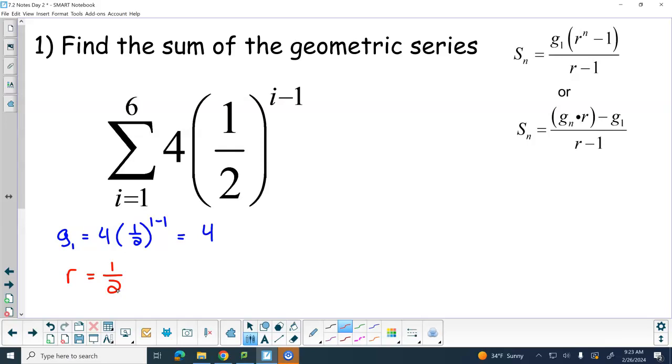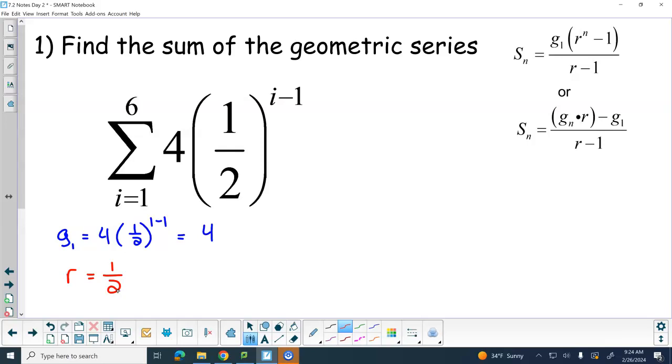Now you got to determine, is it easier for you to find the total number of terms, or is it easy for you to find the last term? You make the call. To find the total number of terms, it's top minus bottom plus 1.